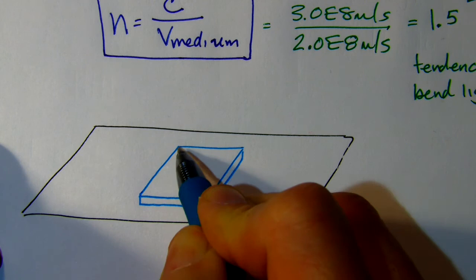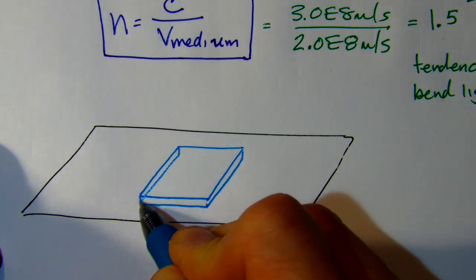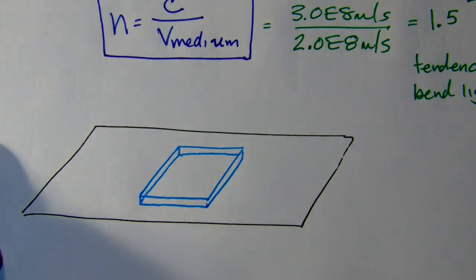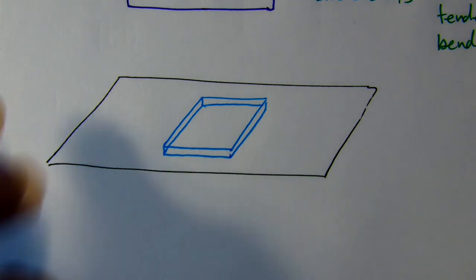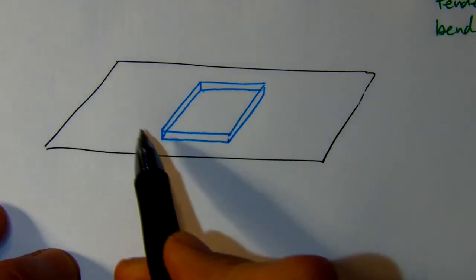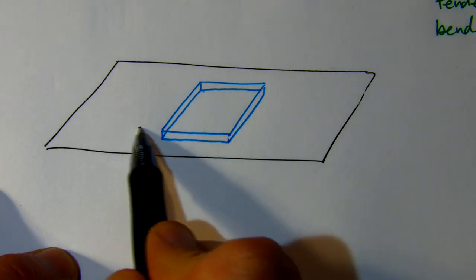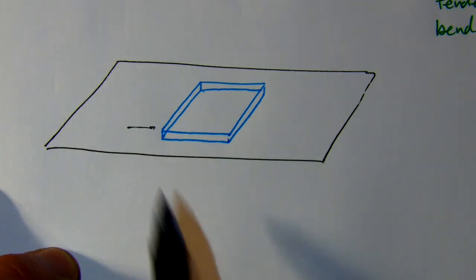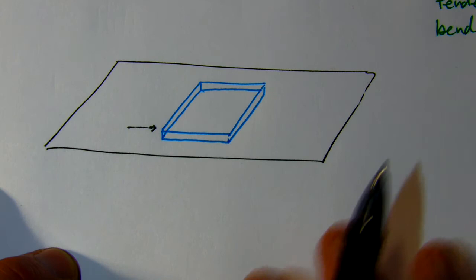Okay, so there's the glass. And what we do is we are going to view something through this glass, right? We're going to look through this long edge in there. I don't want that arrow to complicate things.